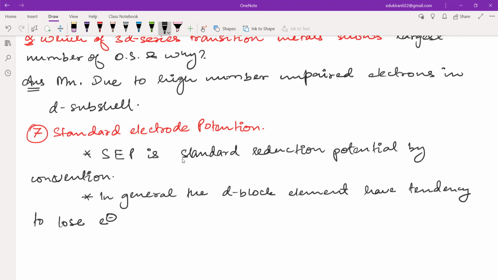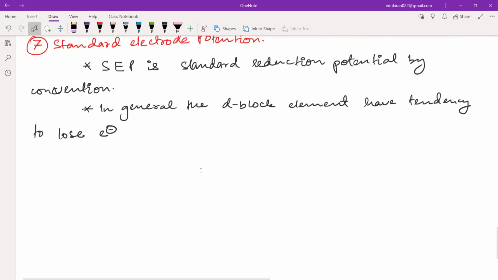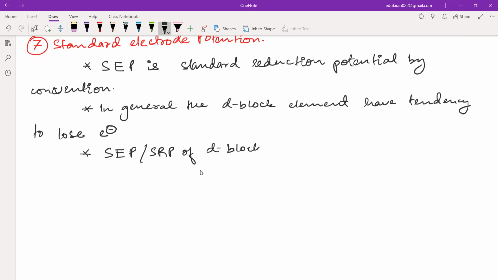So will their standard reduction potential be positive or negative? Positive. Hence the standard electrode potential, or SRP, of D block elements is usually positive.